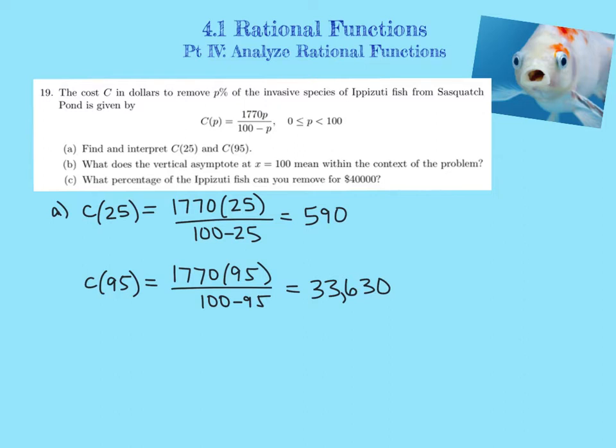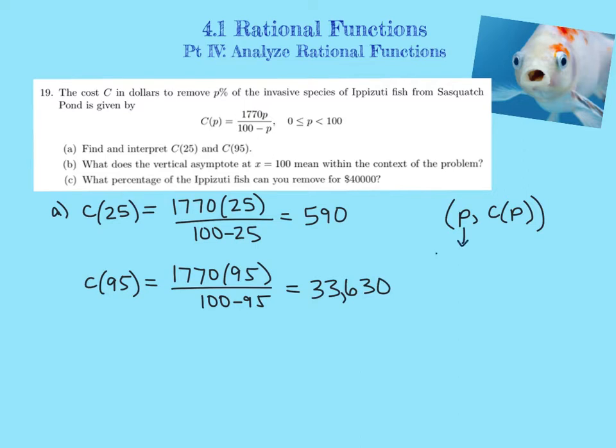Let's see what P and C of P mean. Whenever we plug in a P value, we output a C of P value. Those are like the x and y coordinates, in this case the independent and dependent variables. Now, P we already know is the percent of invasive fish, so it's how much of the percent we're removing from the pond.